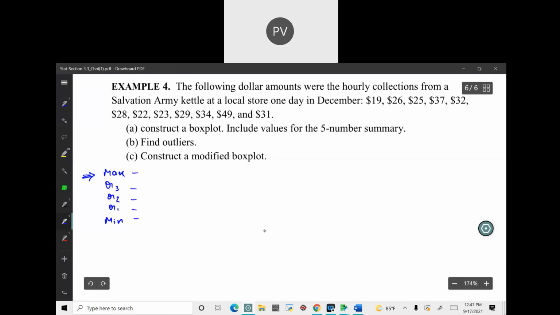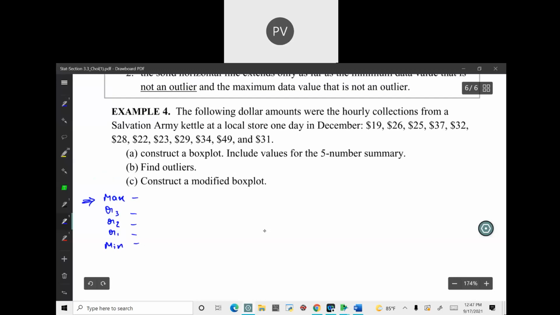What is the maximum value in this data set? 49. Minimum is 19. Median would be calculated. Q3 is nothing but the P75. Q1 is nothing but the 25th percentile.